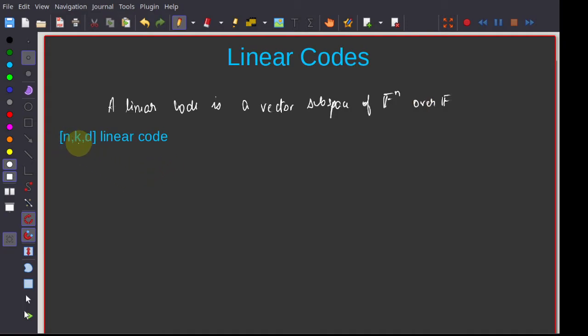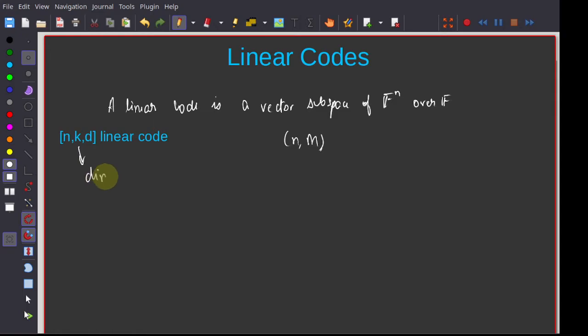And so we'll use the following parameters. Earlier we had an (n, M) code, where I used circular brackets or parentheses. Whenever I'm talking about linear codes, I'll use square brackets. So an [n, k, d] linear code is a linear code of block length n, so every code word has n coordinates. Since a linear code is a vector subspace, k will be the dimension of the subspace.